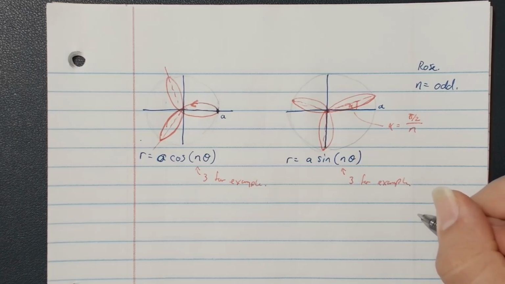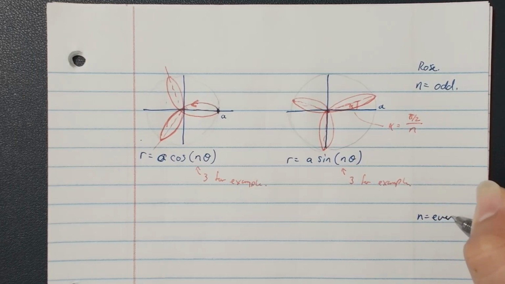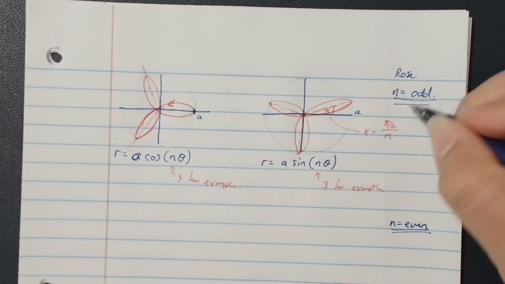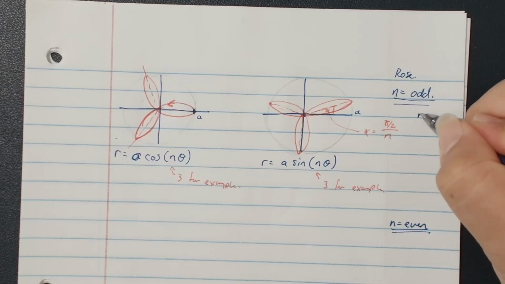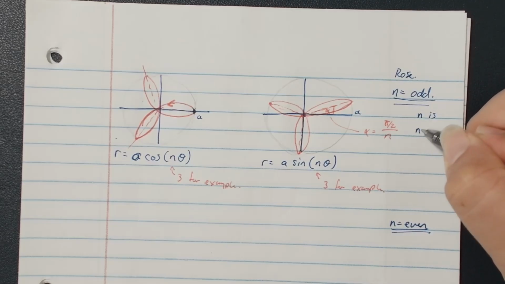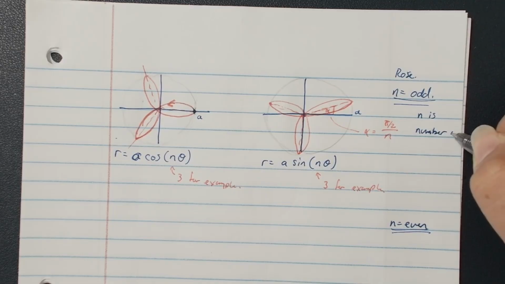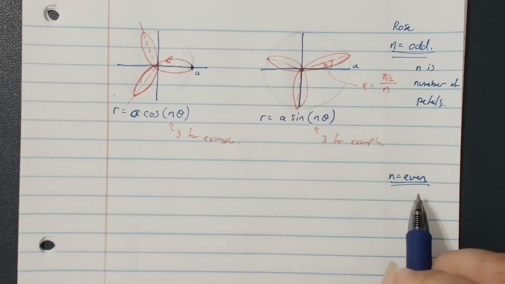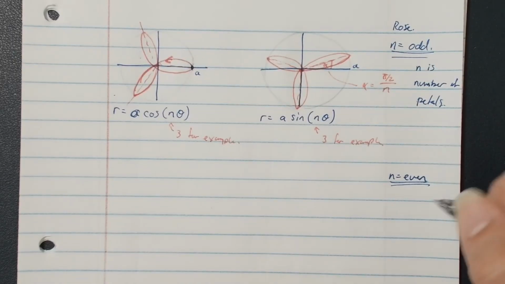Okay, well, what if n is even? Well, if n is odd, n is the number of petals. But if n is even, you need 2n to give you your number of petals.